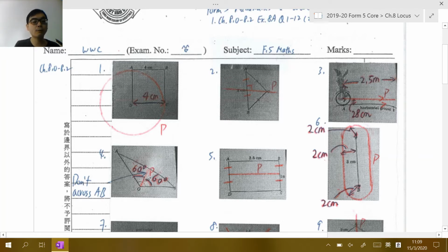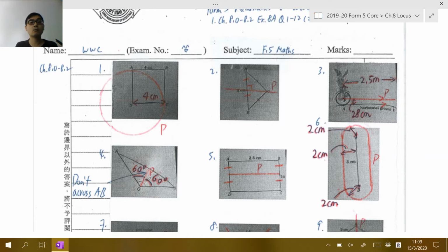But don't worry, because in the DSE exam, we'll just ask you some simple figures, or even just MC. For example, I'll give you the description, and then you tell me what the shape of the locus is. For example, you just say circle, parallel line, or something like that. So it's very easy. And even in paper 1, maybe DSE asks you about locus, they'll just give you a simple description.